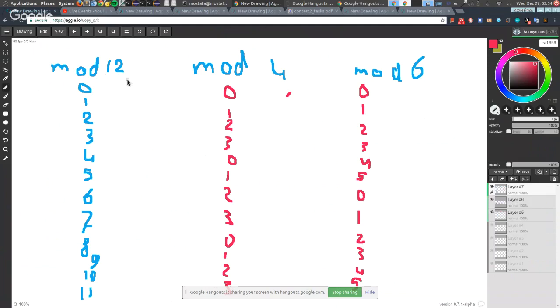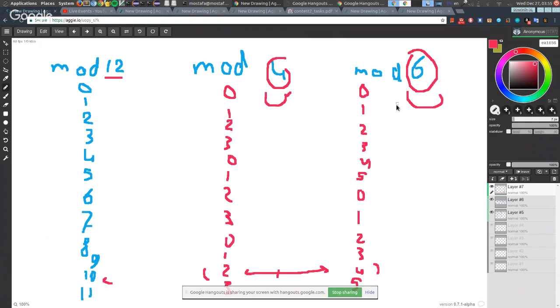And here it only happens because this 12 is the LCM of 4 and 6. This has to be like this because we can't have all the possibilities from here times all the possibilities from here.